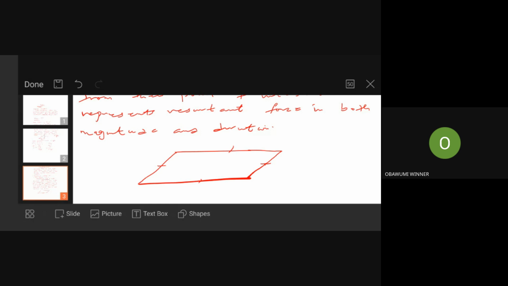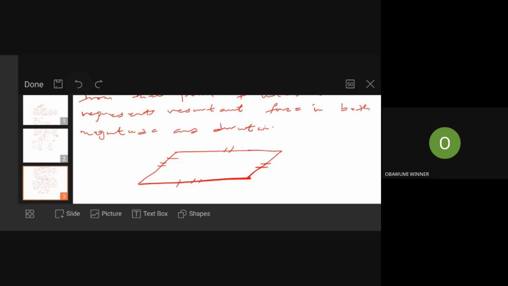Remember, the sides facing each other are called opposite sides. So this side and this side are opposites. This side and this side are equally opposites. Now, this side and this side are called adjacent sides. Also, this side and this side are called adjacent sides.